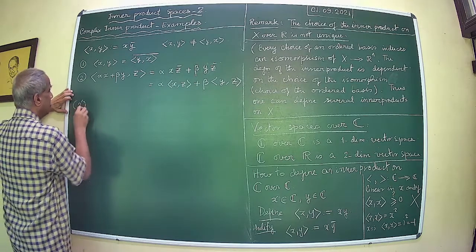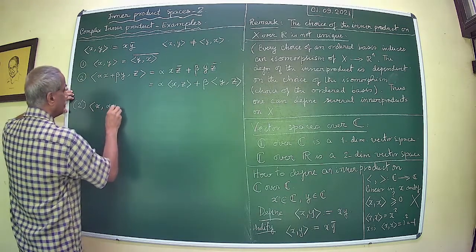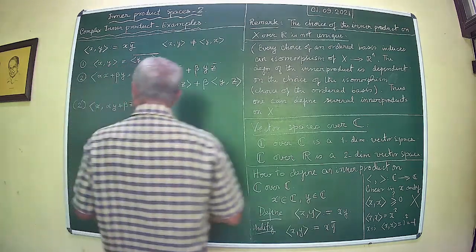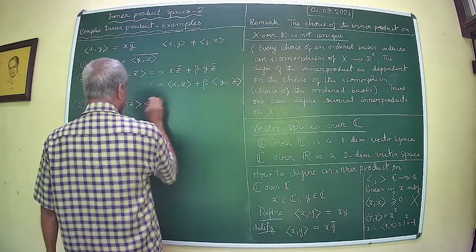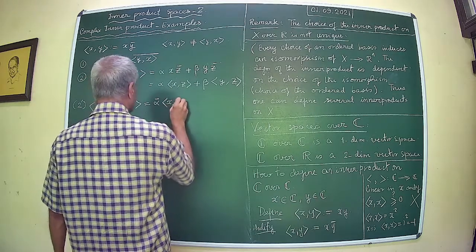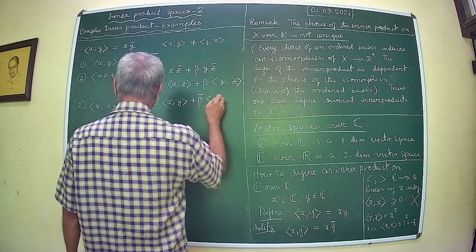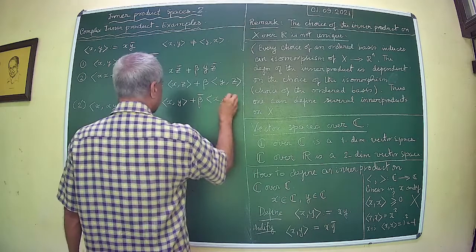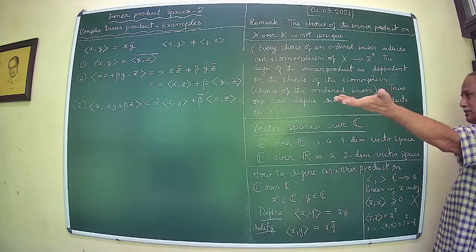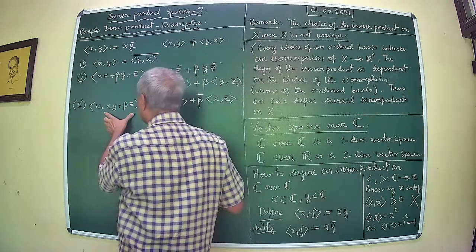But the consequential property of these two, namely 2 prime, now turns out to be, we get alpha conjugate. You see, this alpha and beta come outside the inner product with a conjugation, if the second term is taken as alpha y plus beta z.